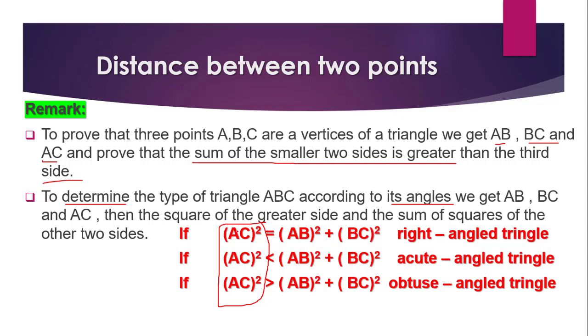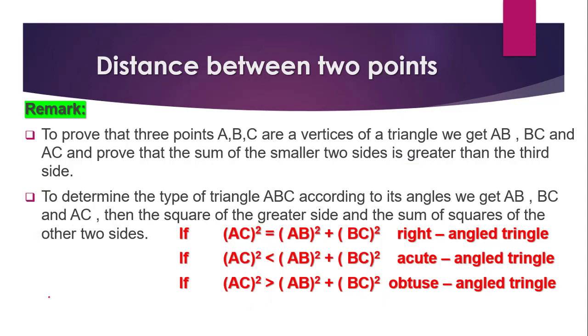If the square of the greatest length equals the summation of the squares of the two other sides, this is a right angle triangle. If it is less than the summation, this is an acute angle triangle. If it is greater than the summation, this is an obtuse angled triangle.